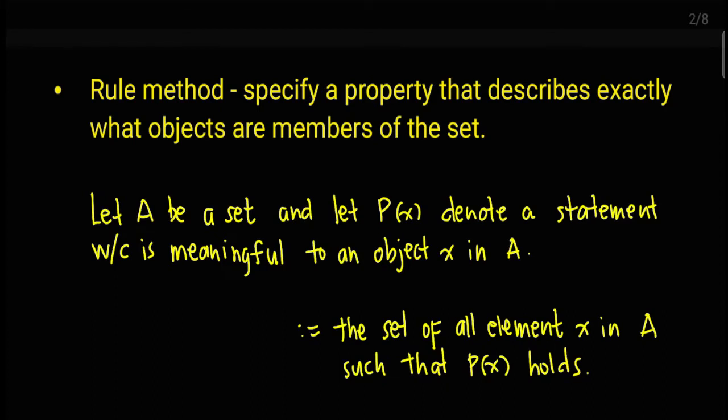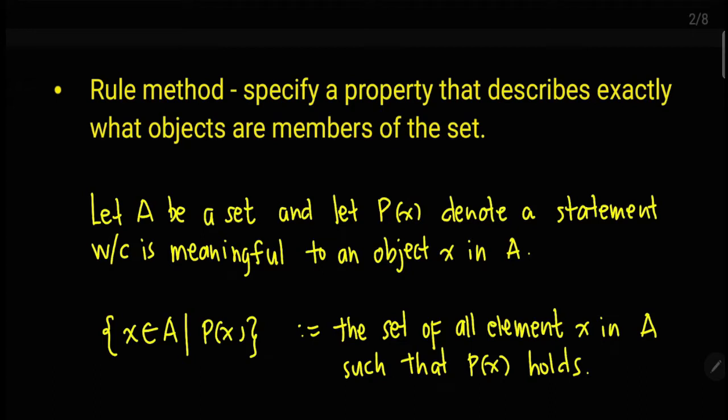So if A is a set and P of x denotes a statement which is meaningful to an object x in A, then we write the set of all elements x in A such that P of x holds as follows. So in set builder notation, we write an arbitrary element x to be in A such that the condition P of x holds.